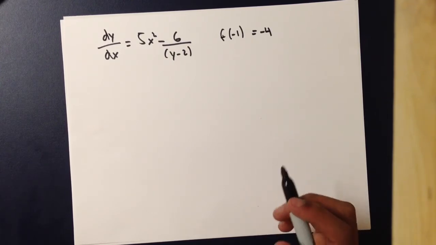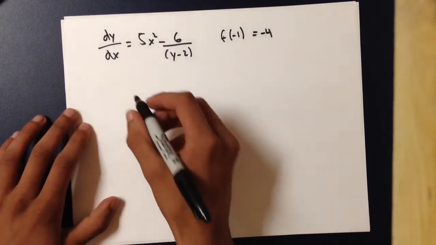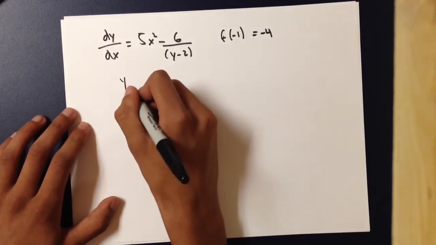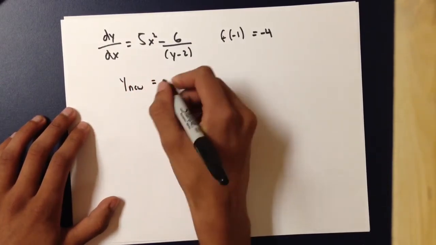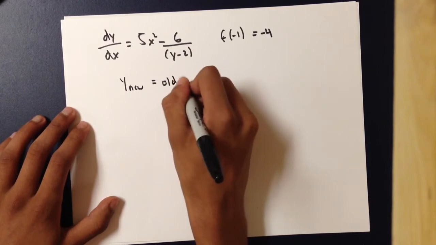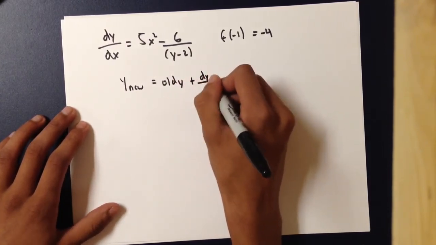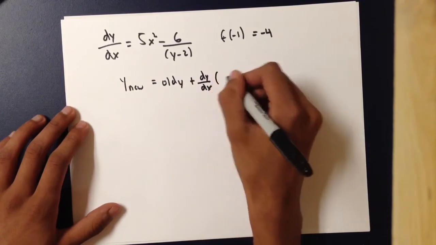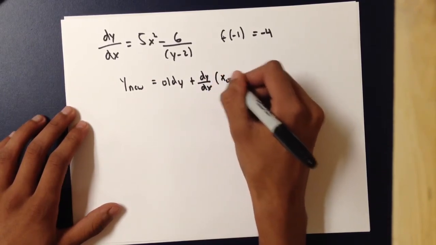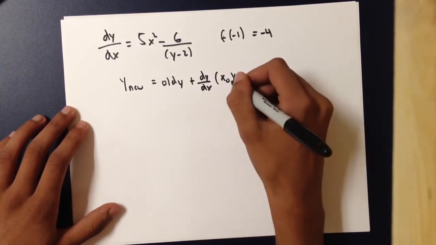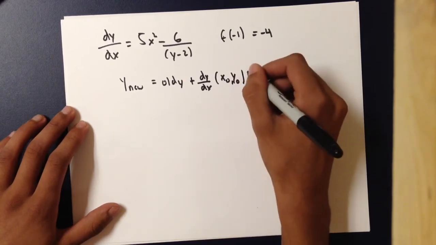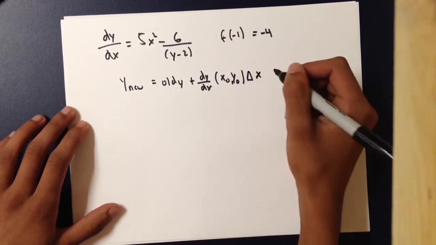What we would do is use the formula for Euler's method, which is the new y is equal to the old y plus the dy/dx of the old point times the change in x.